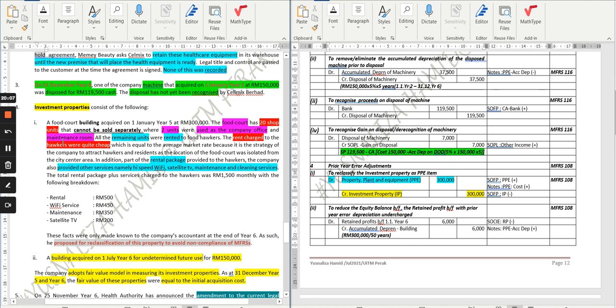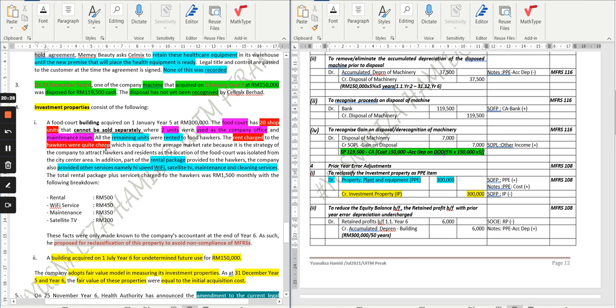So if it's used as an office or maintenance room, that is functioning like a PPE. And you are also informed the remaining units, which refers to 20 minus 2, 18 units, were rented out to food hawkers. And the rental charges to the hawkers were quite cheap.